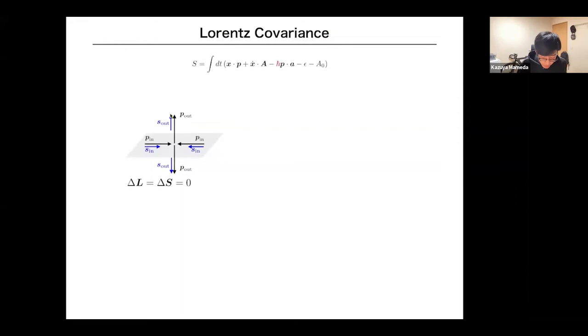In this case, we have the momentum P in for the incoming particle. This is the same momentum P in, but the directions are opposite. Then after the collision, we have the P out and the P out like this.